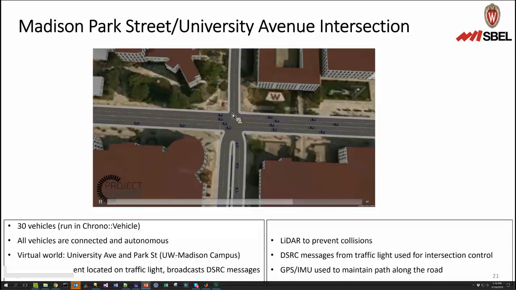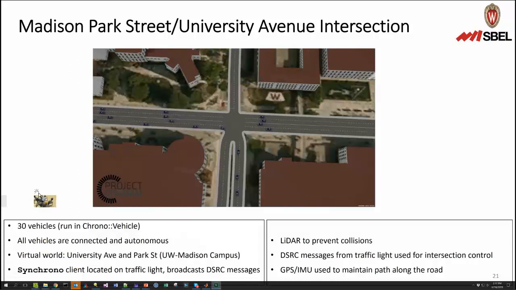Because these vehicles have LiDAR sensing and communicate with the traffic light, they can coordinate their motion so that they avoid any crash. The vehicle talks with the traffic light through DSRC messages and uses GPS and IMU information to maintain its path along the road.